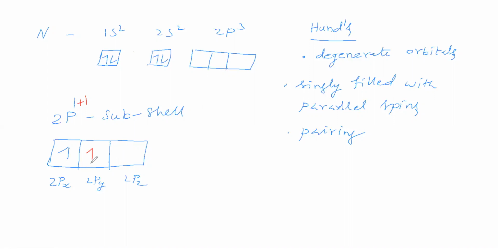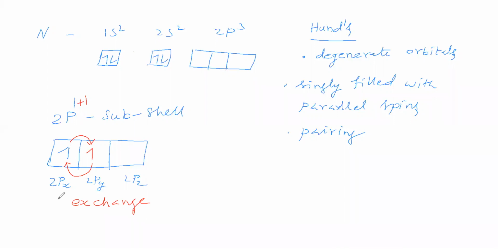So, due to different orbitals, this electron will go to this place, while this electron will come to this place. That is meant by exchange. Exchange is possible. So due to exchange, what will happen?